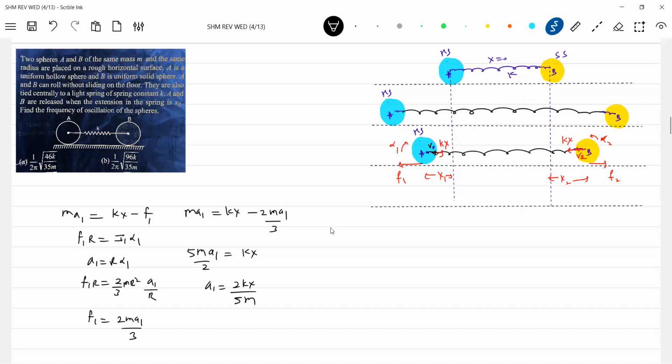So a1 is 3kx by 5m. Okay, but don't feel happy that the problem is over. We need x1 here. This has to be replaced, and I'll highlight it so that you'll notice. From where do we bring x1?